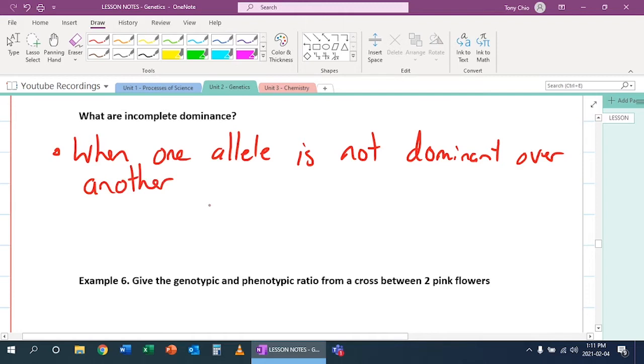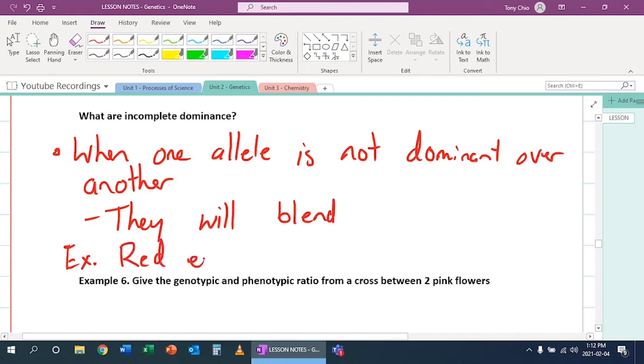AKA, there is no dominant allele in a sense. So what will happen is they will blend. So their alleles, their genes, their trait will blend. For example, if someone has, like, let's say red eyes plus blue eyes, if they have those two alleles in them, they will have purple eyes, for example.